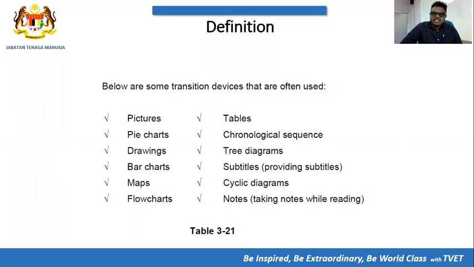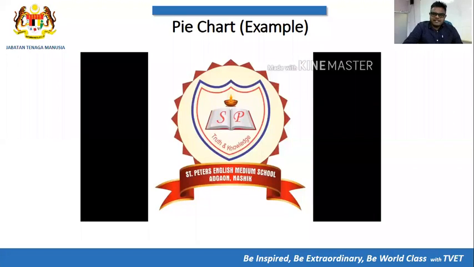So basically, this transition device helps us to transfer one information to another form. Okay, students, let's move on to the next part. Now let's look at one of the examples of transition device, which is pie chart.